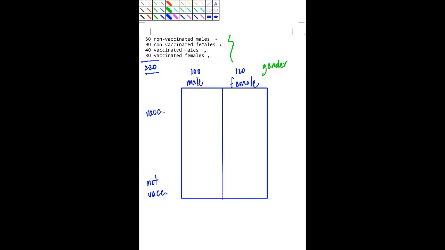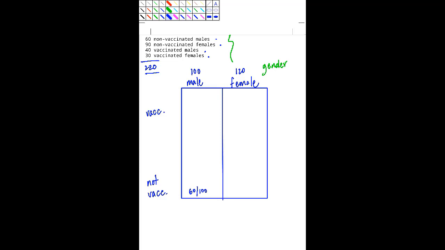Now our next step is for each of these two columns. We'll start over here on the left. We want to divide it into the percentage of men who have not been vaccinated and the percentage of men who have. So we have 100 men and 60 of them have not been vaccinated. That's what our top line tells us. So 60 out of 100 have not been vaccinated, so the percentage is pretty easy to find.